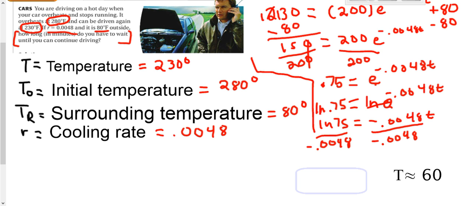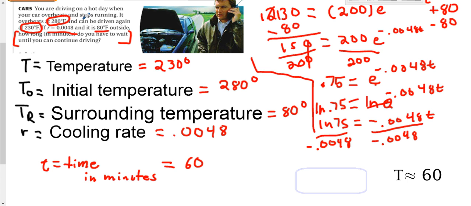So with t, our time, in minutes, being approximately 60, for you to drive your car again, when it overheats to 280 degrees, it will take 60 minutes to get back to 230 degrees.